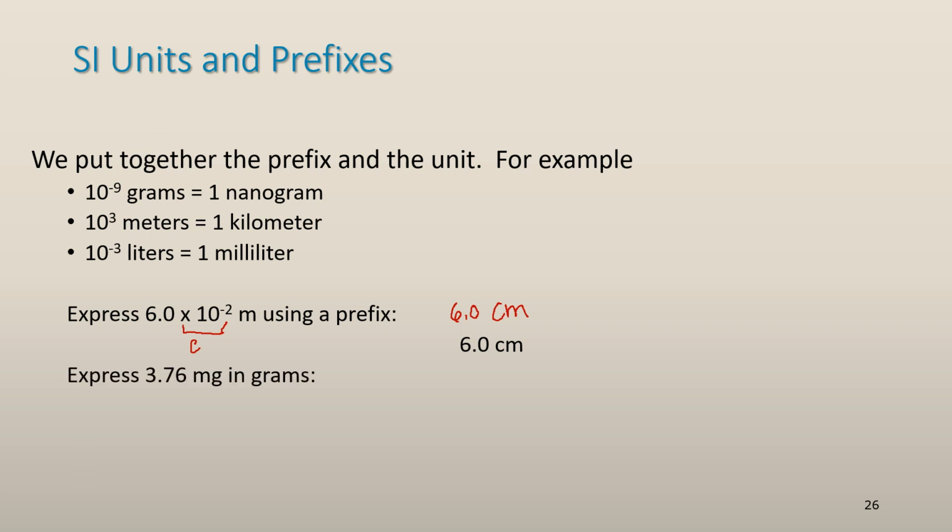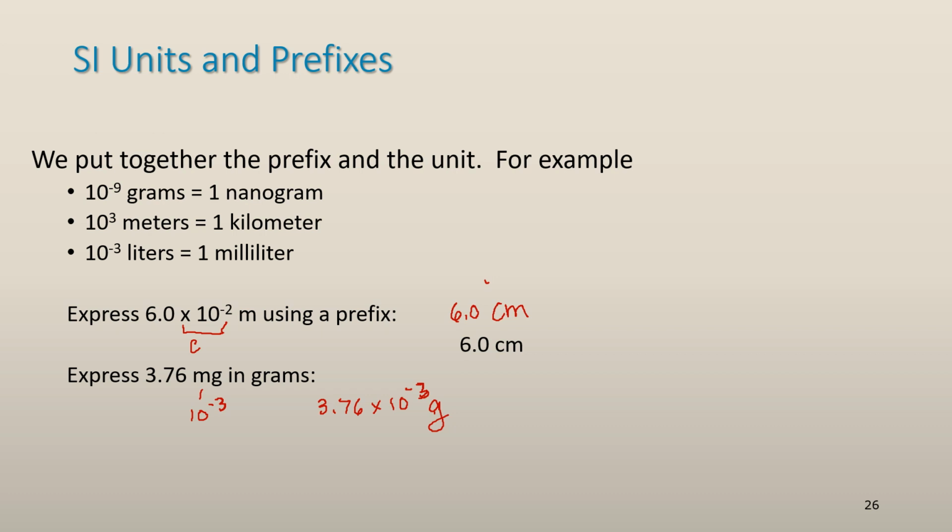If I want to express 3.76 milligrams, since milli is 10 to the minus 3, then this would be 3.76 times 10 to the minus 3 grams. So 3.76 milligrams is the same as 3.76 times 10 to the minus 3 grams. So you can convert back and forth.